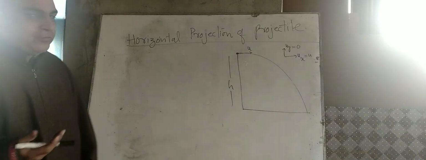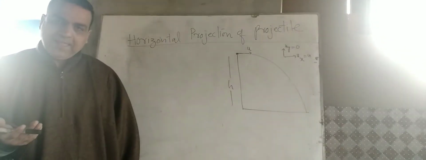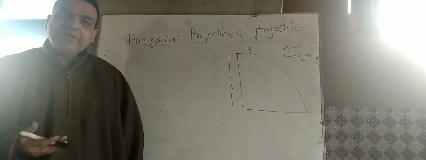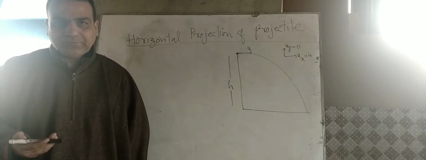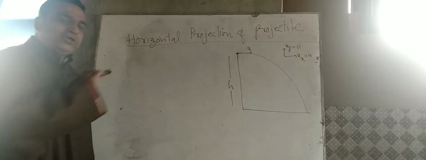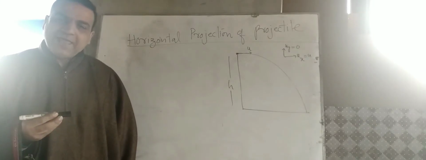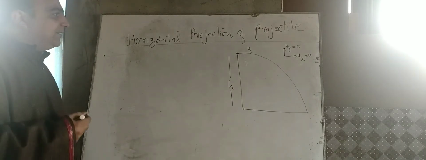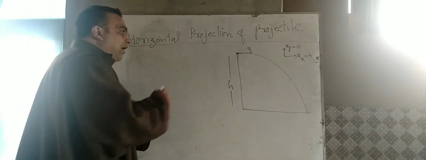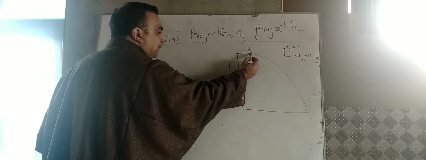Now, as all of you know, a projectile motion is a two-dimensional motion. And a two-dimensional motion is always equivalent to two one-dimensional motions. So I can resolve this motion into two motions. One motion is along the x-axis and another motion is along the y-axis. But before proceeding, we can see that we are projecting this projectile from this point with some velocity u.